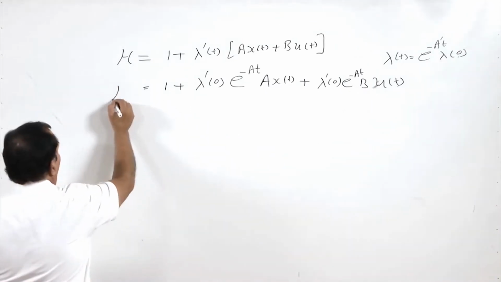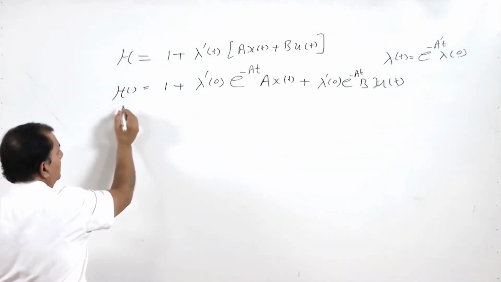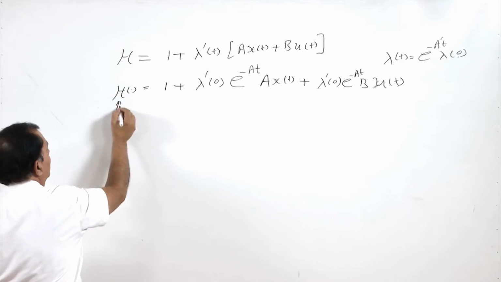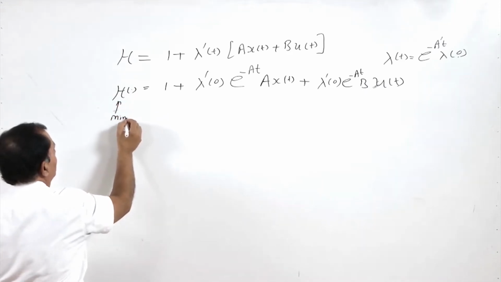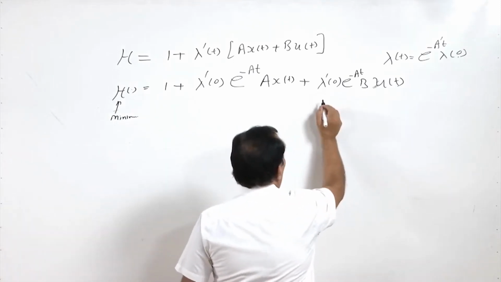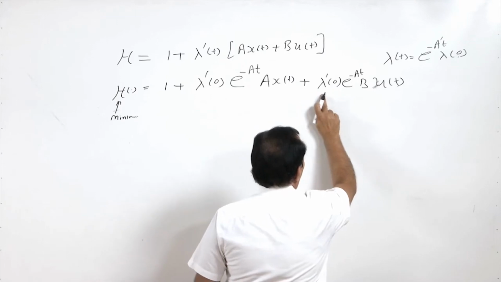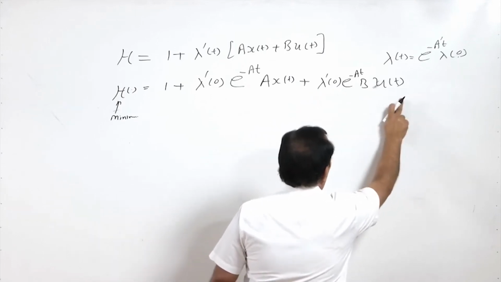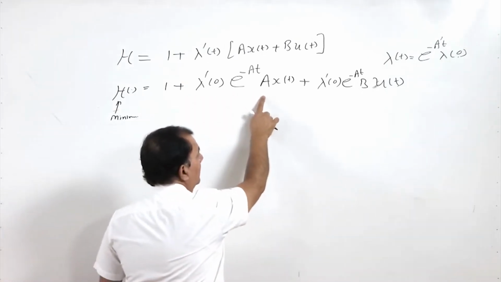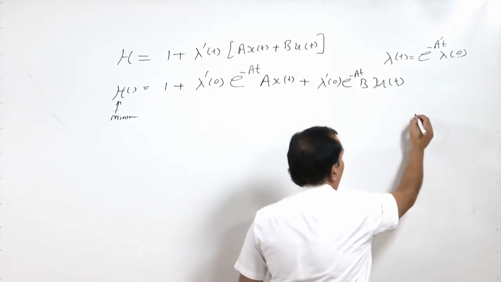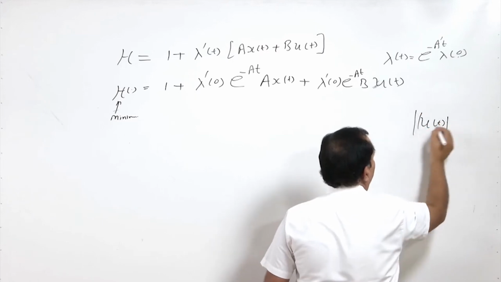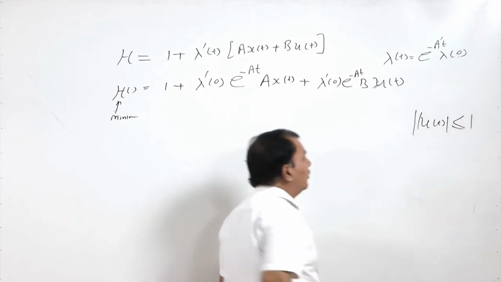So, for H to be minimum, I have to subtract a maximum value of my last term from the first two terms. U is bounded as magnitude less than or equal to 1.